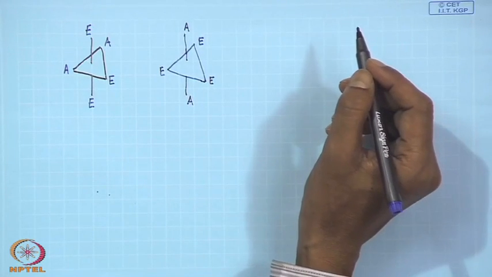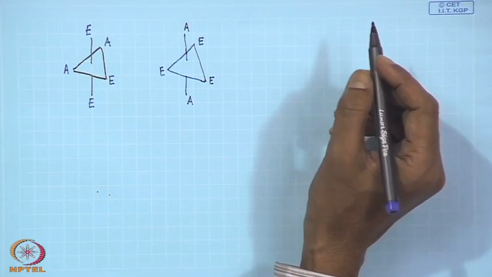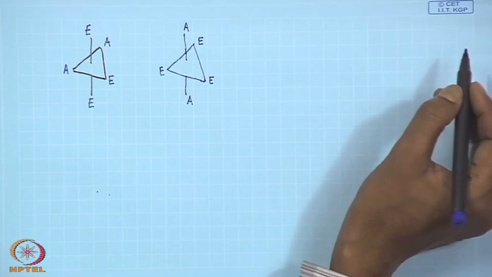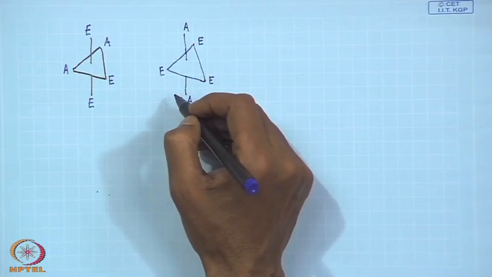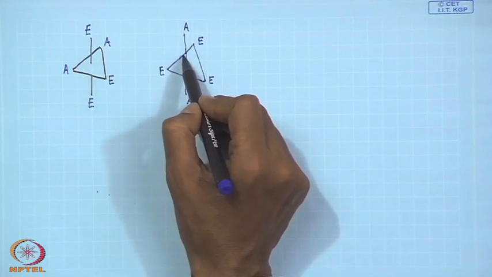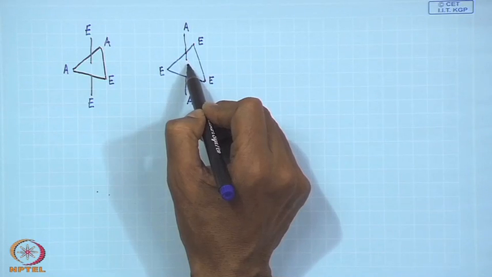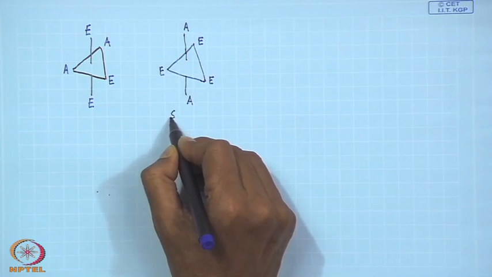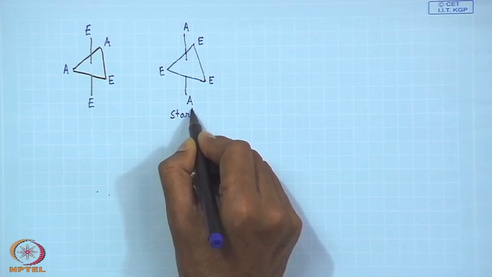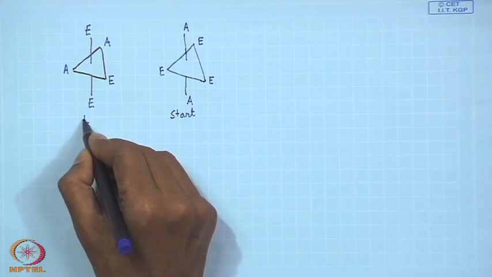So, we find therefore that pseudo rotation can give us some situation where these axial groups for the molecule, this is the start. We have started from this molecule and this is the end product.